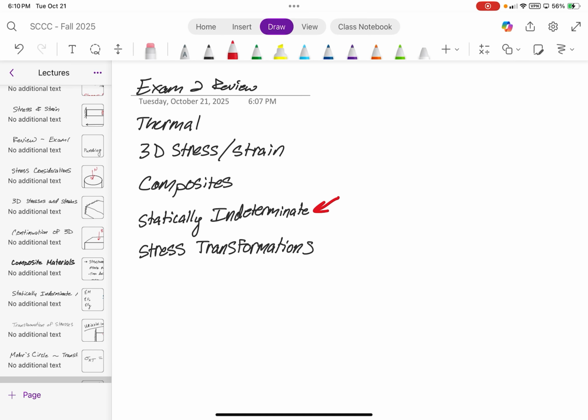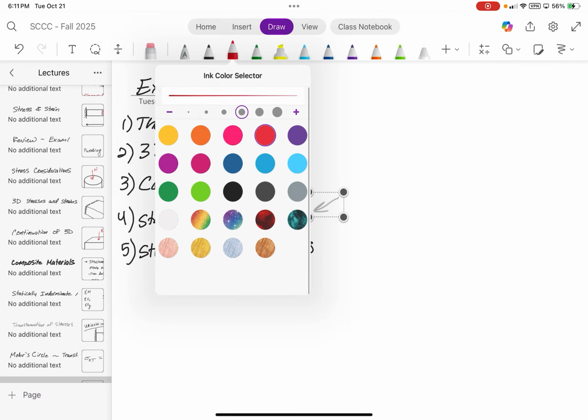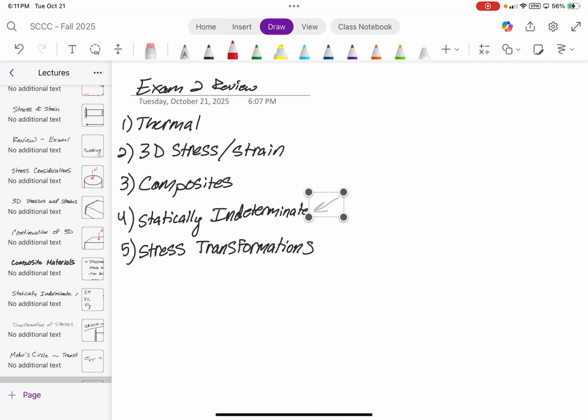So really, for the math portion of the exam, the actual calculations themselves, I would say focus on items 1, 2, 3, and 5. All right. I'm going nice on you guys.